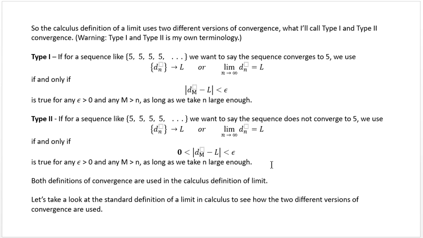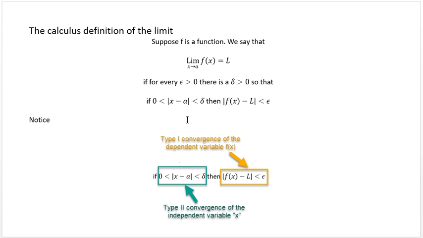Now, this might seem kind of picky, but unfortunately, we need both types of convergence in the definition of limit. They're used. They're there. So let's take a look at that. Here's a standard definition of limit. And you'll notice that for the independent variable x, we're using type 2 convergence. x is getting closer and closer to a, but we're not letting it equal a.